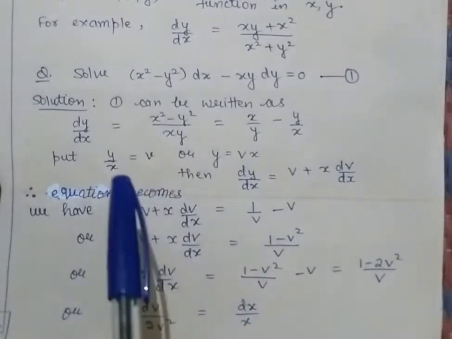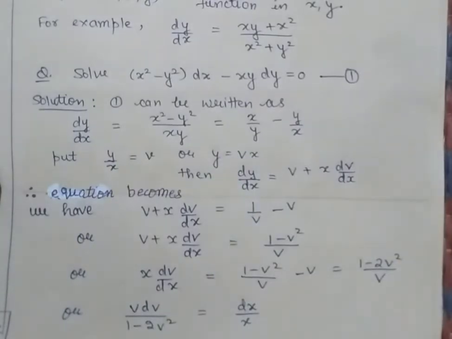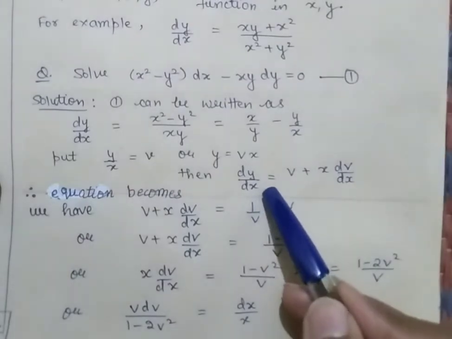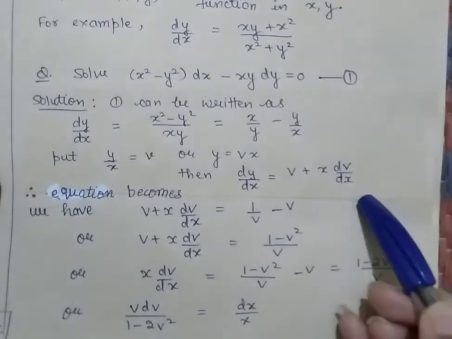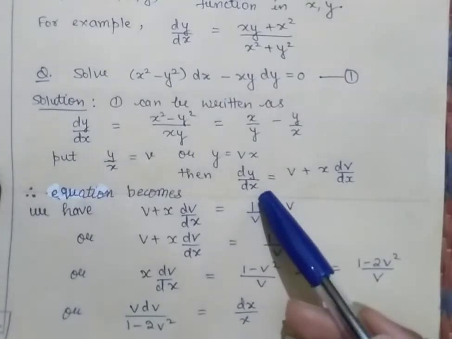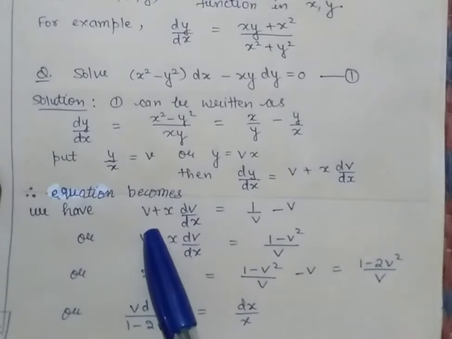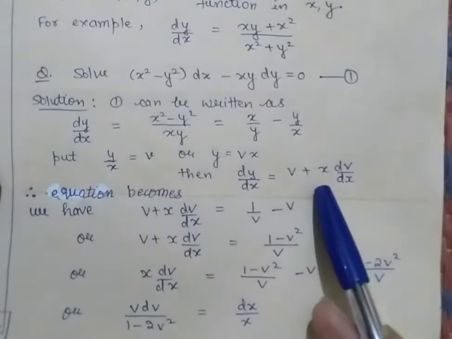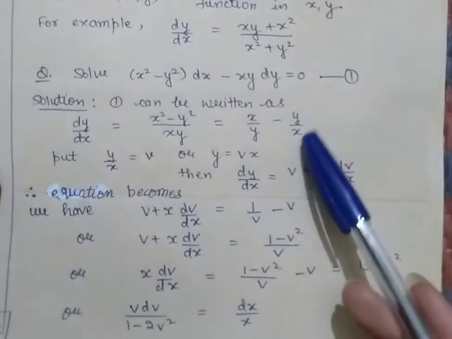Now we need dy by dx. So we differentiate this equation with respect to x. So differentiating with respect to x, this becomes dy by dx equal to v plus x dv by dx. Now we have dy by dx. So this equation becomes, in place of dy by dx, we write v plus x dv by dx, which is equal to x by y minus y by x.